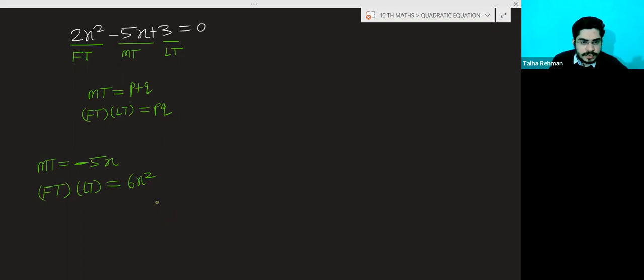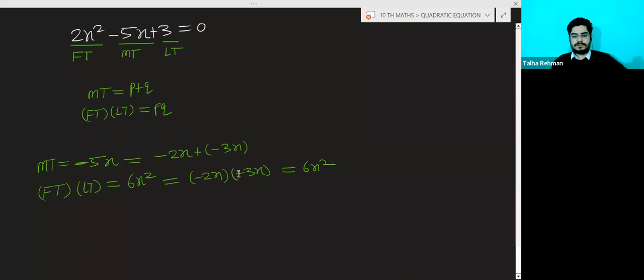So now can I write this as minus 2x plus minus 3x? Minus 2x and minus 3x, and multiply minus 2x and minus 3x, what you will get? 6x square. Check. So this middle term will be split like this, and it is following this condition also.